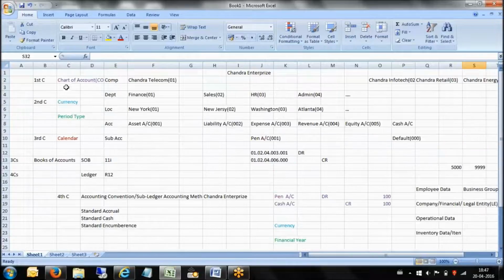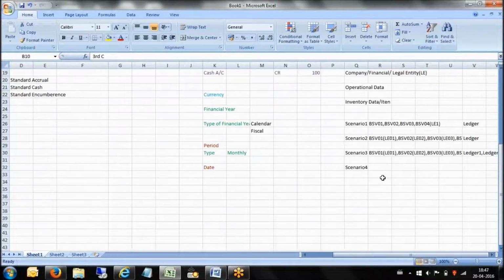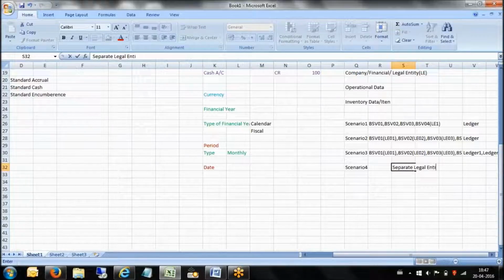If any of the C's differs, you will have to have a separate legal entity and ledger.